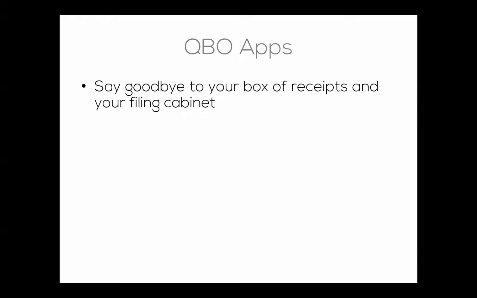So one of the things we're looking at here is we want to say goodbye to your box of receipts and the filing cabinet. Paper is interesting. If anybody saw my office, they'd realize that I cannot manage paper. So we try to get everything on our system in digital format. So the one thing we're looking at here with QBO apps is saying goodbye to the box of receipts, et cetera.